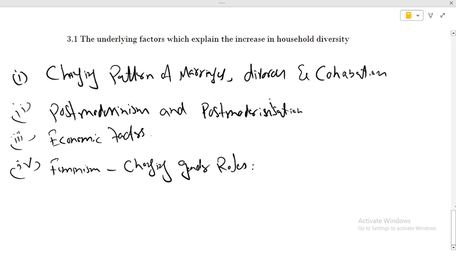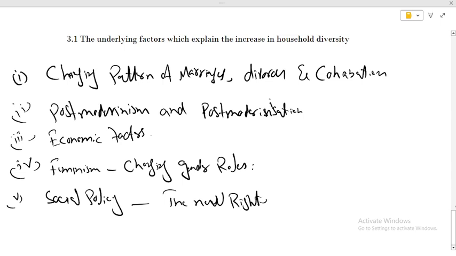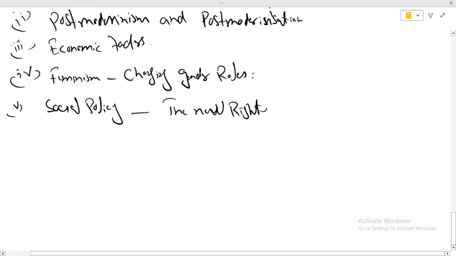Then number five could be social policies, the New Right. There are two important policies which lie behind many of the above changes, including the 1969 Divorce Act.